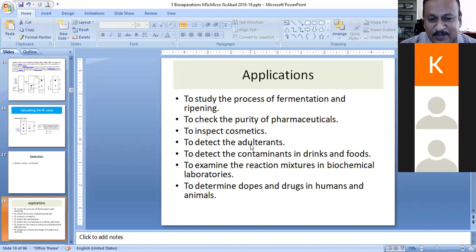Adulterants are impurities which are added to the food to increase the bulk quantity of the food. Of course, that is not a good practice.